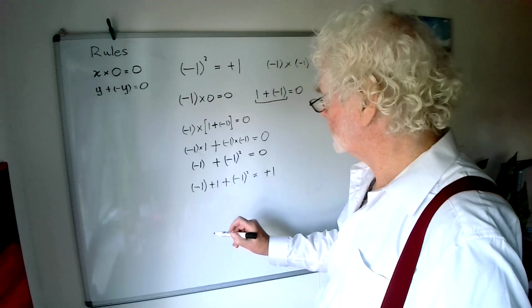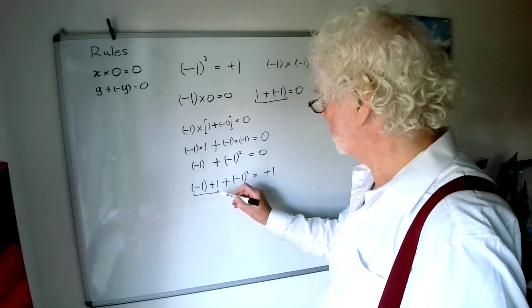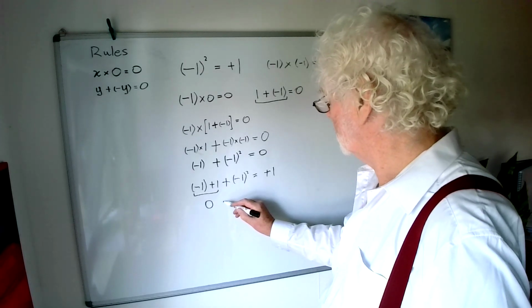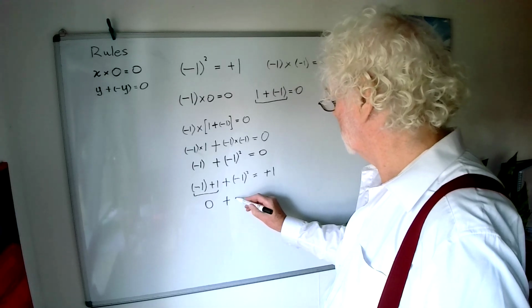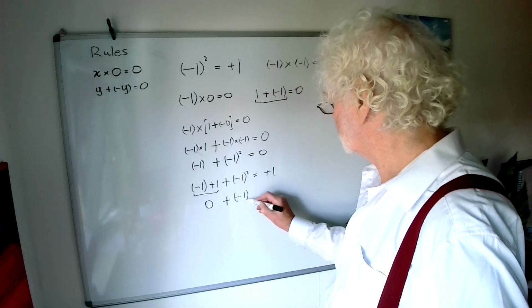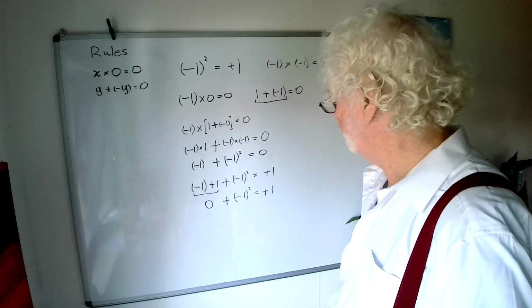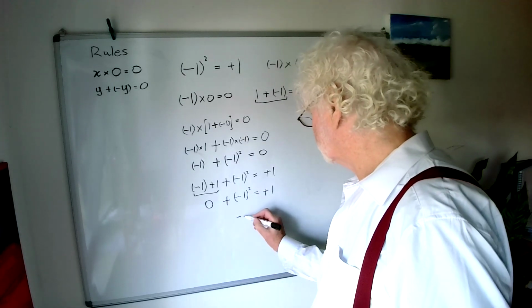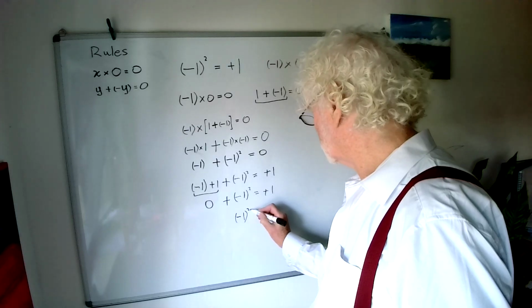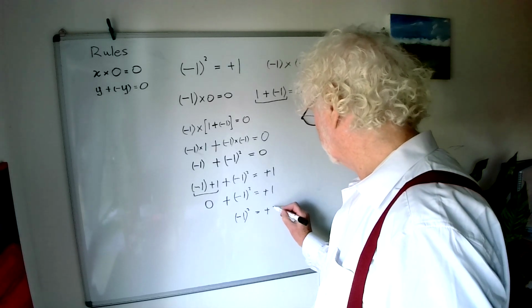Minus 1 plus 1 is 0. Plus minus 1 squared equals plus 1. So minus 1 squared equals plus 1.